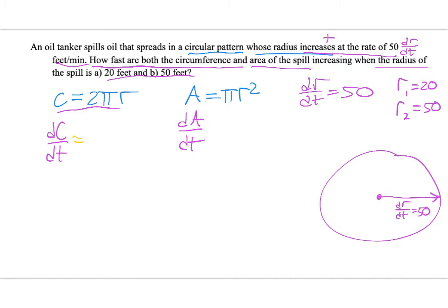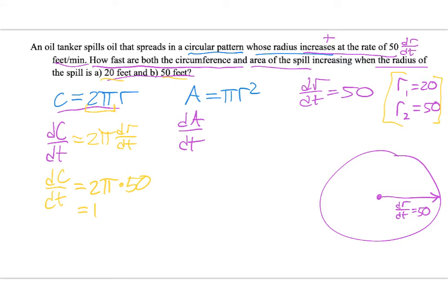So the derivative of circumference, 2 pi is a constant. So this is 2 pi dr/dt. First thing I notice is that I don't actually have an r variable in there. So in either of these cases, the actual radius doesn't matter, because dC/dt is going to be equal to 2 pi times the dr/dt value, which is 50.